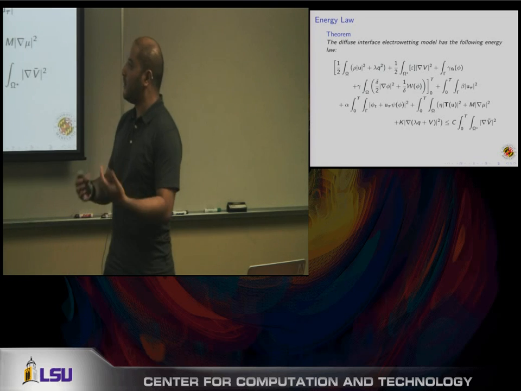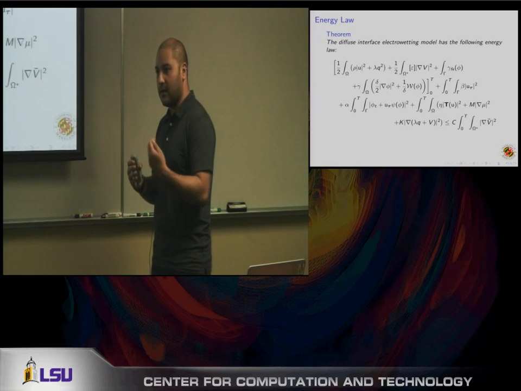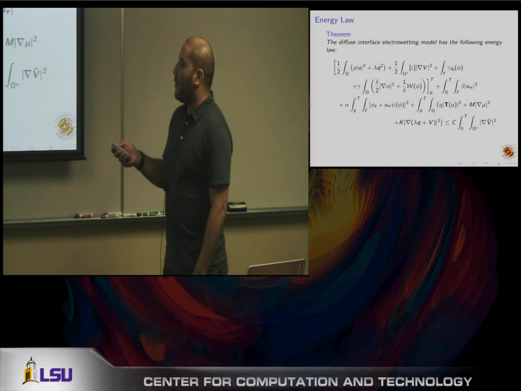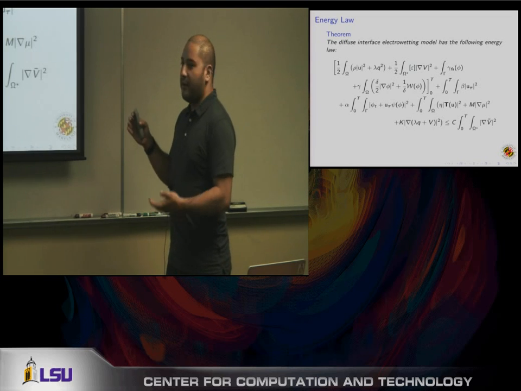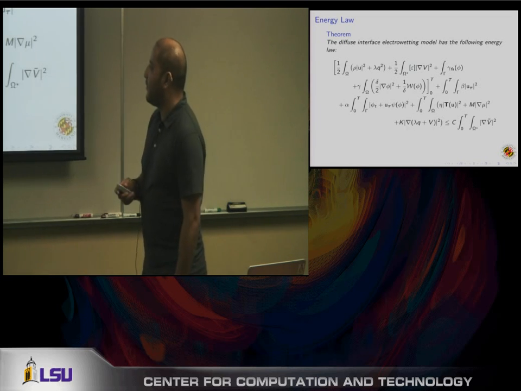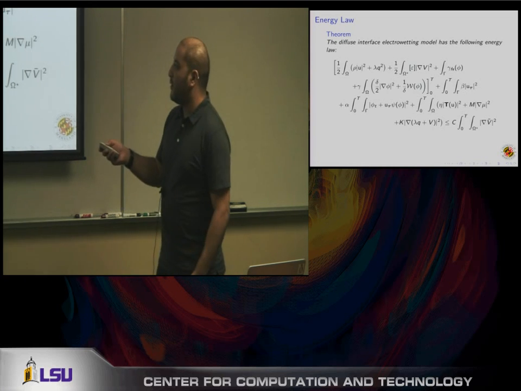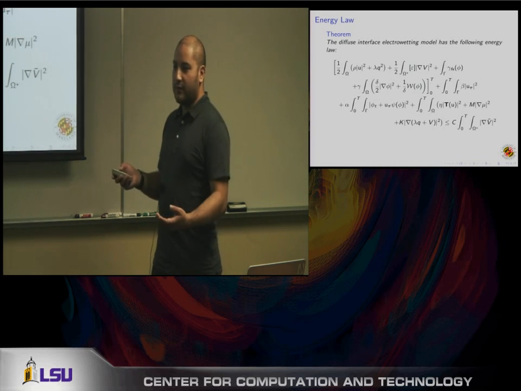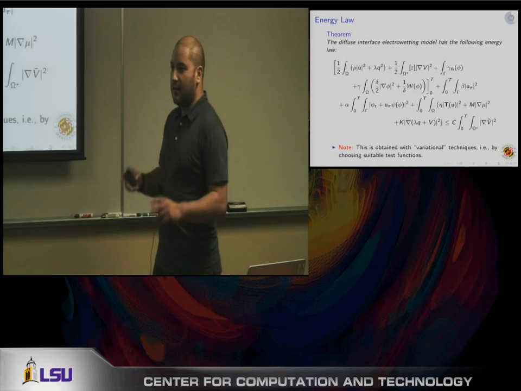which was basically from thermodynamically consistent expressions, we get an energy law. I don't expect you to even read what is being said in this bunch of formulas. The important thing here is that all the quantities that should be controlled are controlled, and also that this is obtained basically with variational techniques.